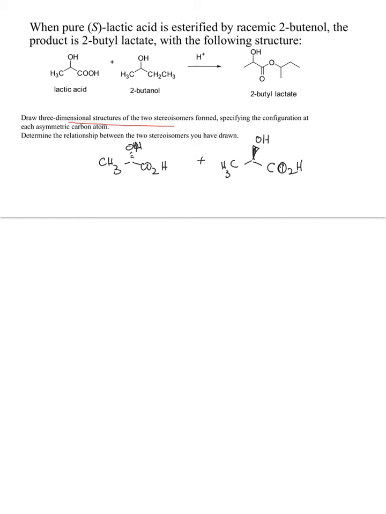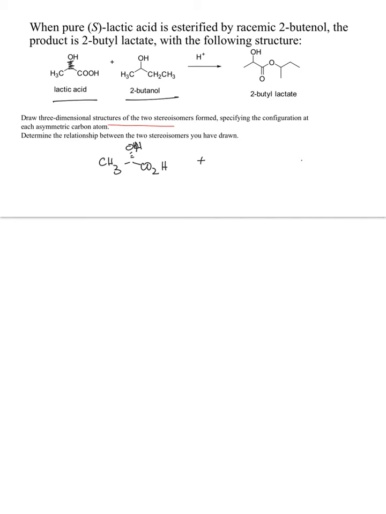Okay, so this is S, lactic acid. So let's first of all, so this is your S. Two diastereomers formed. Okay. So what happens is here you have an acid and you have 2-butanol, and this is pure. So let's just draw this with this going back.